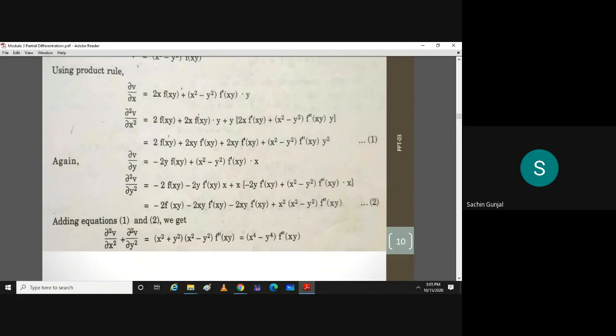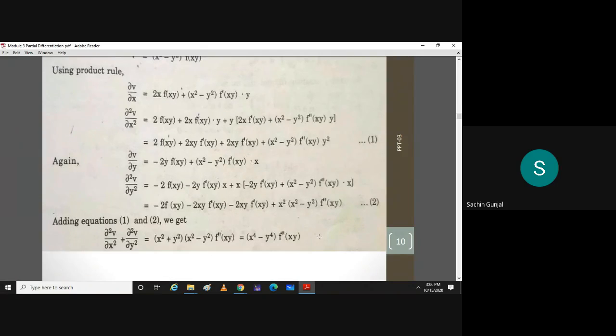The 2xy f dash xy and minus 2xy f dash xy gets cancelled. And here x square minus y square f double dash xy is common in both terms. So x square into f double dash xy into the bracket x square plus y square, another bracket x square minus y square, which is nothing but x raised to 4 minus y raised to 4, and this f double dash xy as it is.